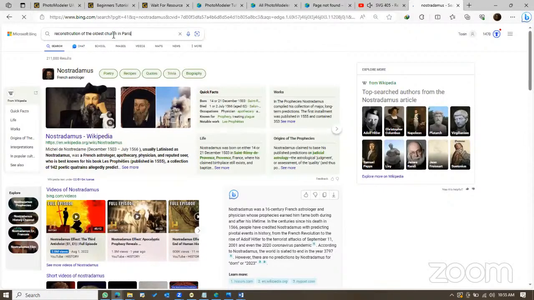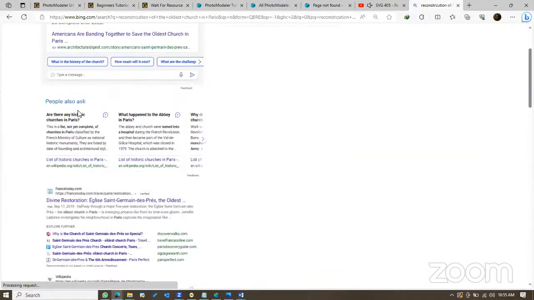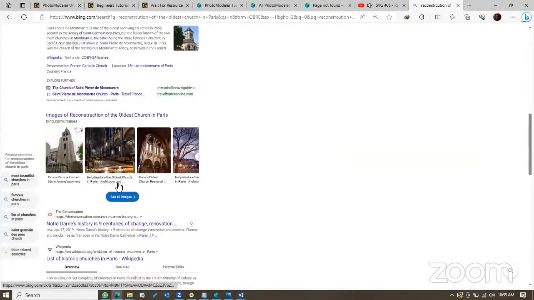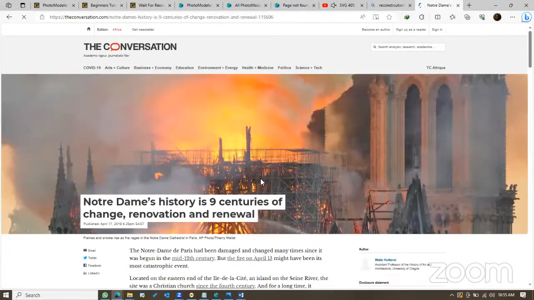They used data photogrammetry to reconstruct the church back to its original. This is Notre Dame Church, back to its original, after the fire engulfed it.